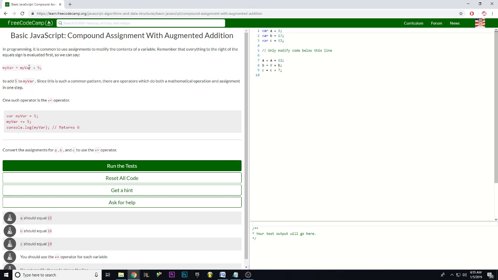Another way to do this, similar to the plus plus, is plus equals. So a plus equals 12 means you're adding 12 to what a is, a equals a plus 12. b plus equals 9 is b equals b plus 9. c plus equals 7, you get the gist of it.